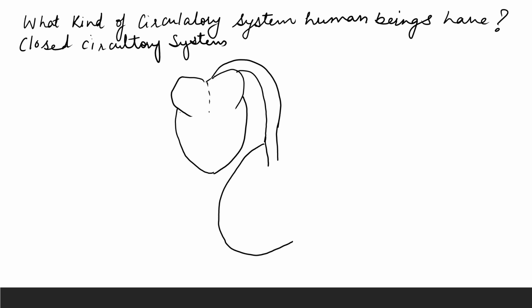When the blood is flowing into the aorta, it will not go into the organ and disperse like this. The blood will not disperse from the aorta to the organ directly, but the aorta is further divided into small, thin blood vessels like this.